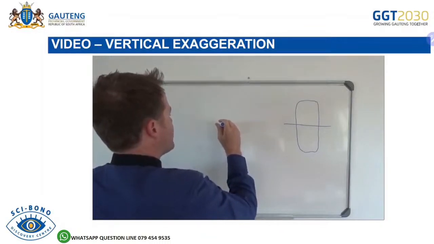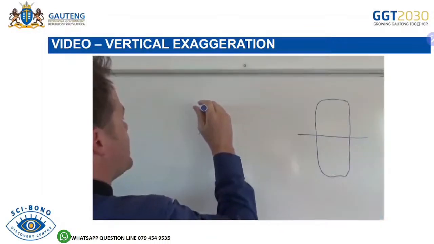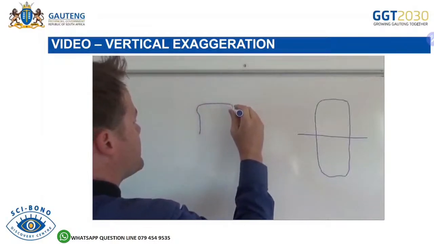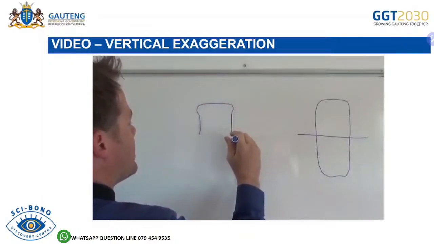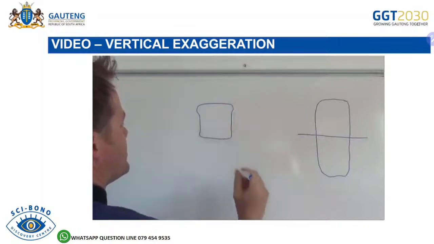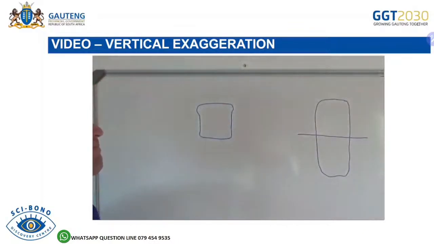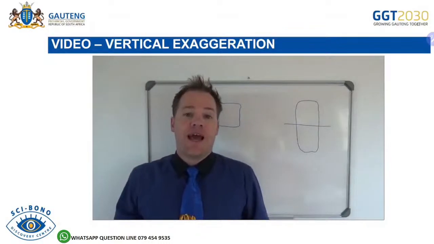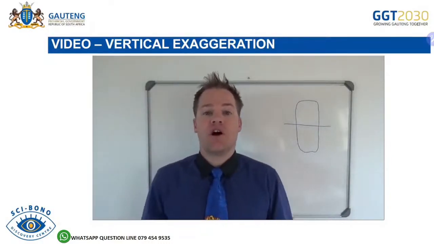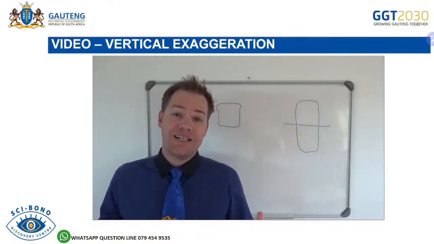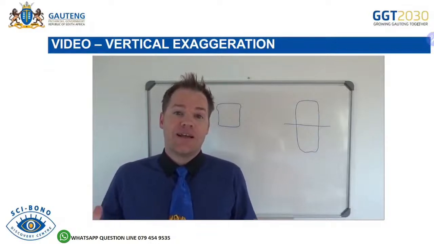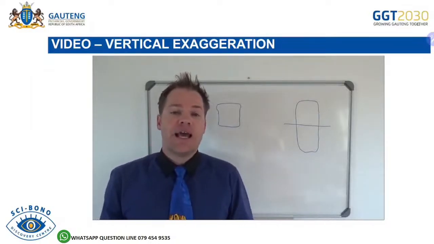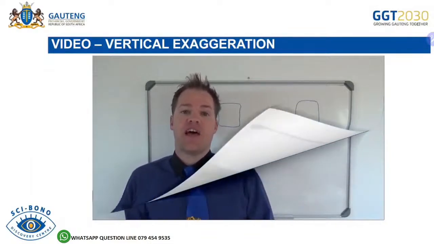So it might look something like this. Normally it goes wider at the top, and then this is more or less what it looks like. So the same thing happens when we draw a cross section of a piece of land. What we basically do is we cut that piece of land in half and then we look at it from the side.